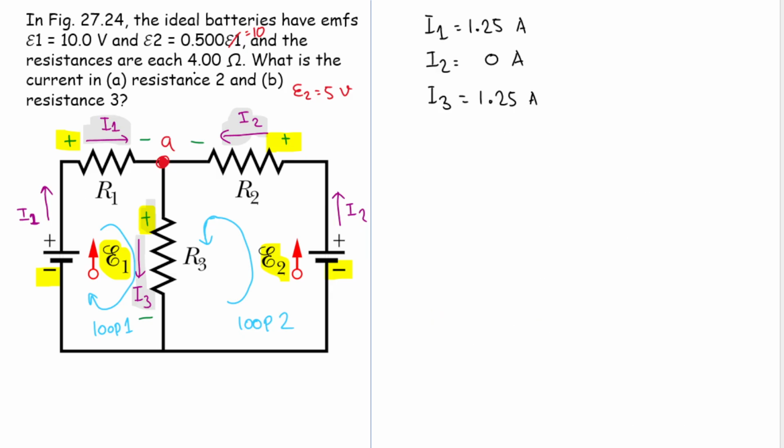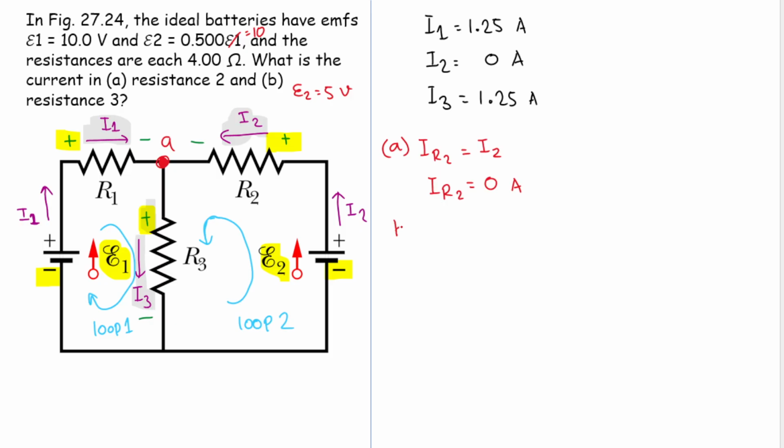Okay, the question asking us about the current in resistance 2. Okay, let's answer that. The current in resistance 2. So I will have IR2 here, and that will equal to I2, right? We will have the direction to the left, but we have the value of 0 ampere, so the direction does not matter. So that is the current that passed through R2.